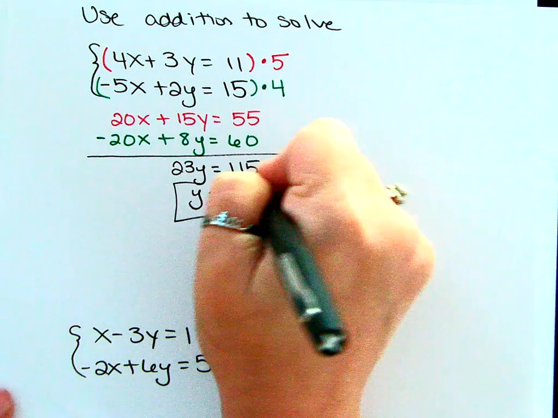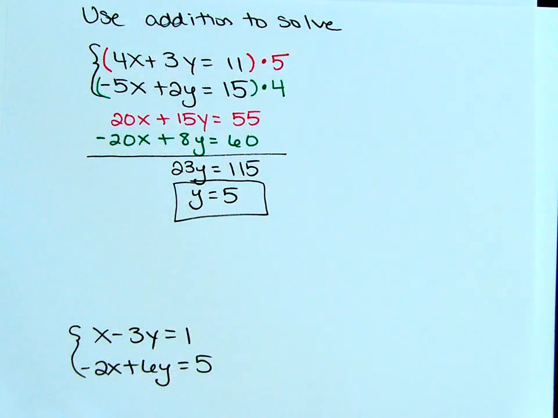Y being 5, I plug that into either of the originals. And I always say go back to the originals and don't go to one that you've multiplied by something. And the reason for that is if you made an error in that multiplication step, you're not going to notice it. So plug it back into one of the originals.